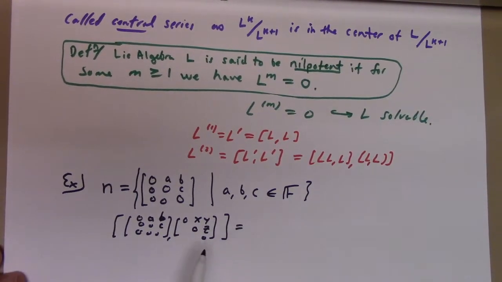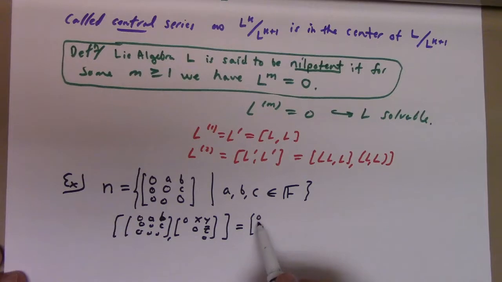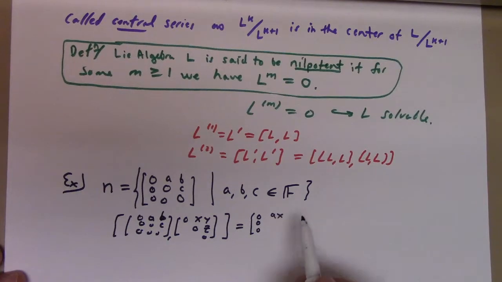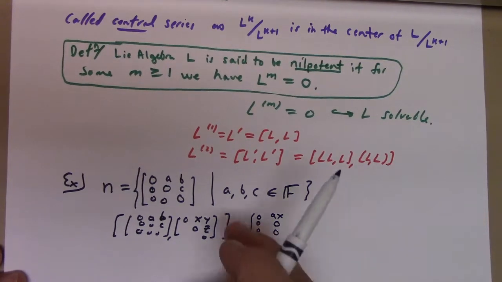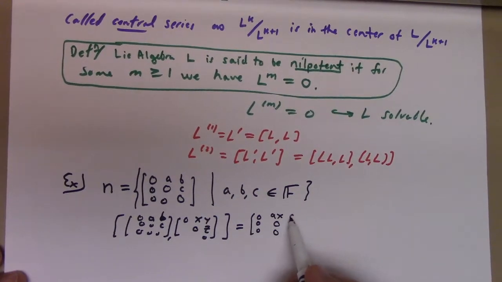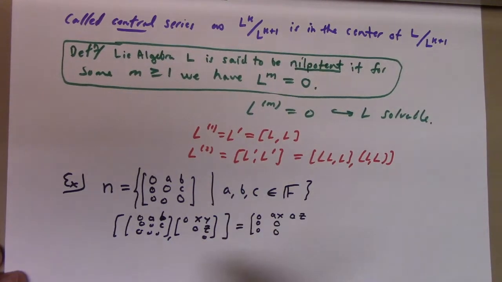Let's do the matrix multiplication, the difference of the two products.